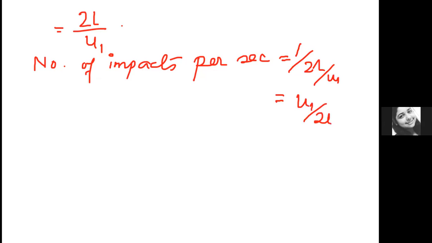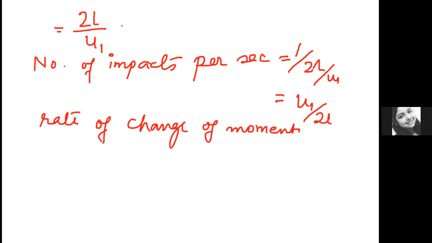And the change of momentum produced in 1 second due to the impact of this molecule, or simply I can say, the rate of change of momentum, is actually 2mU1 into U1 by 2L.